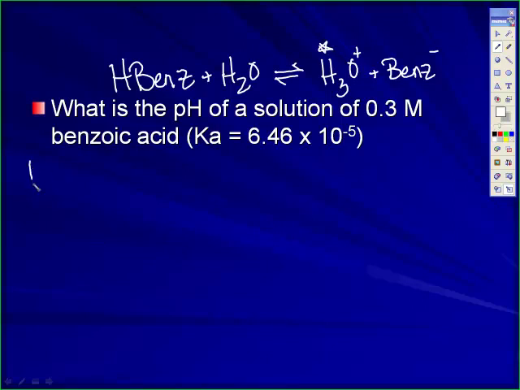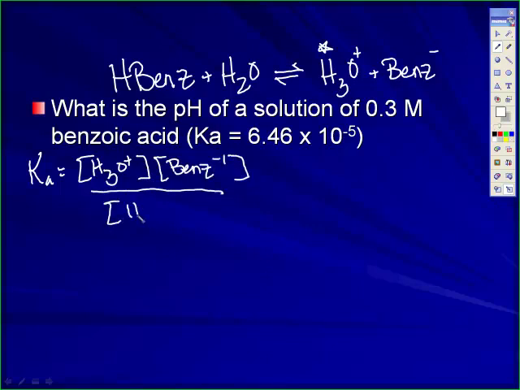So Ka is equal to H3O plus and benz minus 1 over H-benz. We know that this is 0.3 molar, but we don't know what this is. It's some amount less than 0.3 molar.